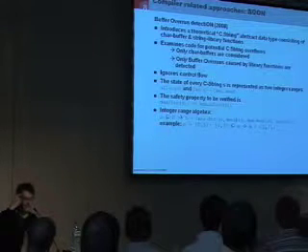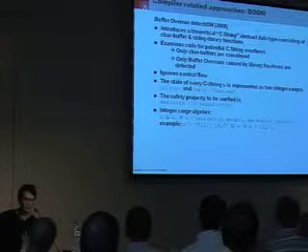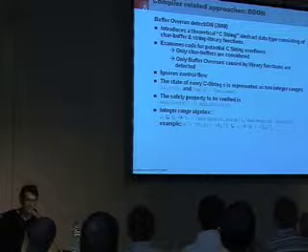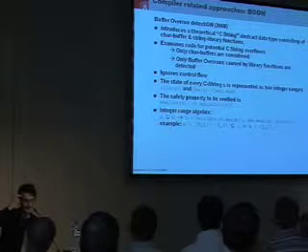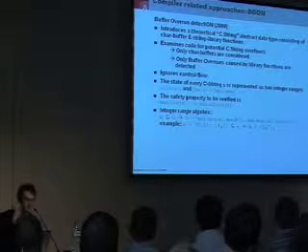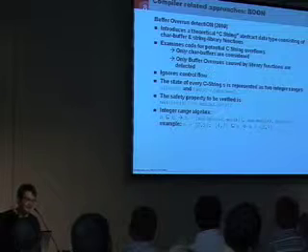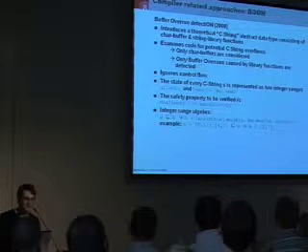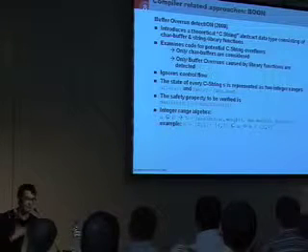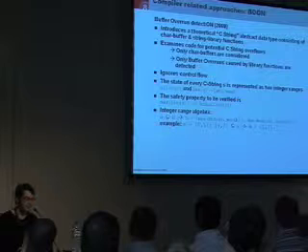So for every C-string in our program, Boon creates two variables, alloc_s and len_s. Alloc_s represents the range of memory that may be allocated for this C-string. Len_s represents the minimum and maximum amount of memory that is actually used, so how many bytes are actually written into this buffer.